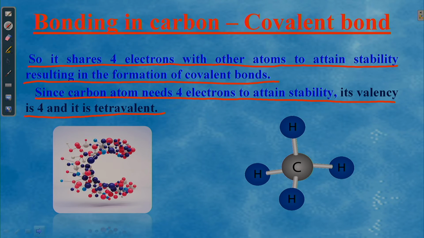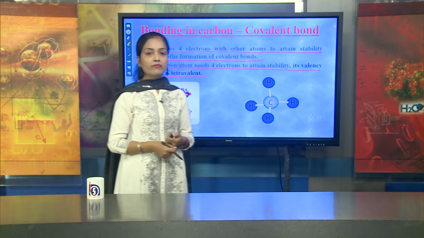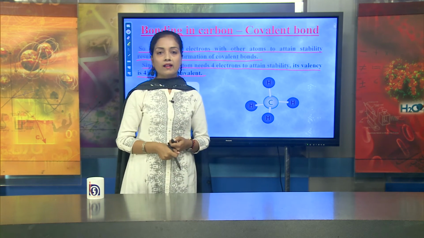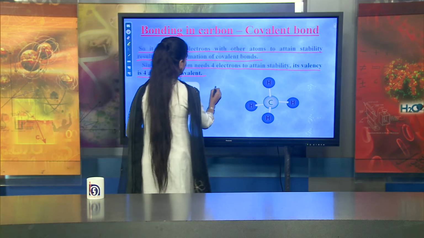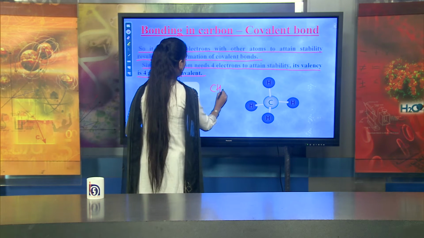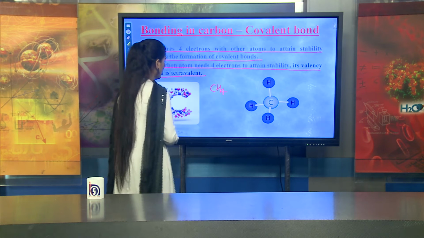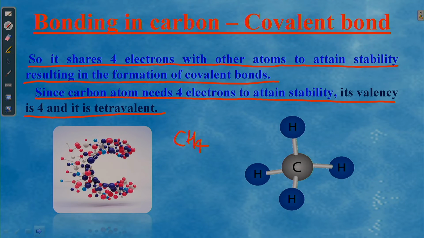So those compounds which have valency 4 are called tetravalent compounds. For example, methane. The formula for methane is CH4. So you can see the picture of methane here.